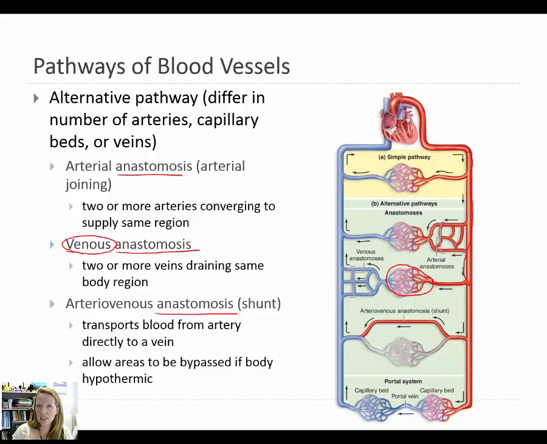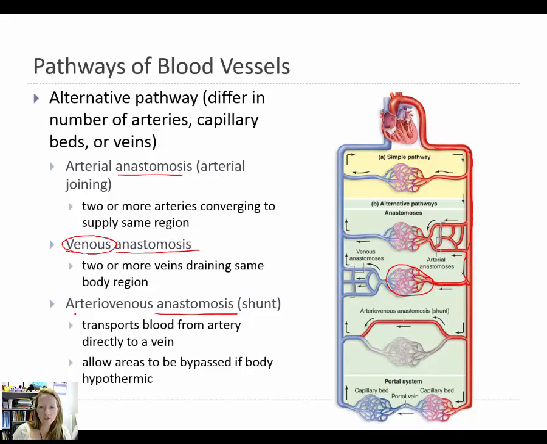You will actually see this in lab where you have the cephalic and basilic. So just look for those whenever you go through identifying the veins and how they form this neat little venous anastomosis.